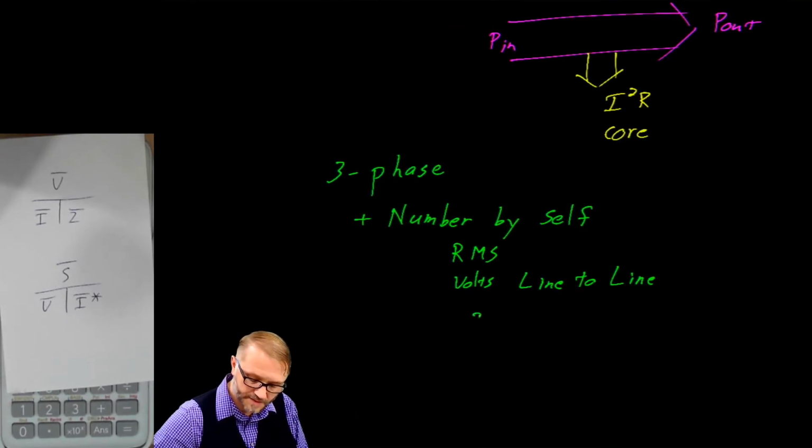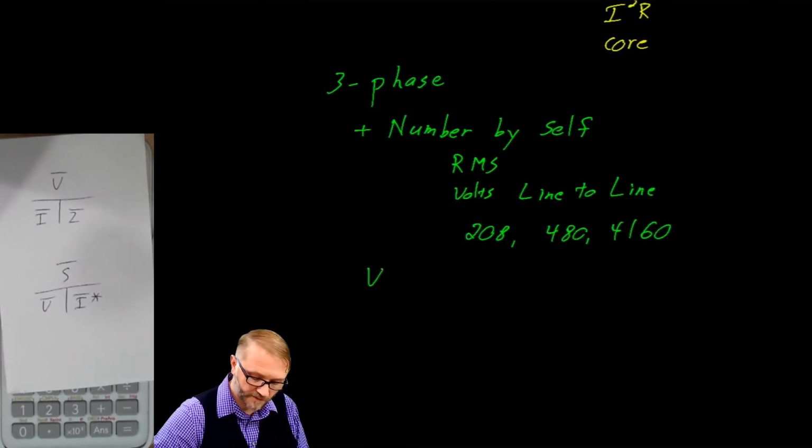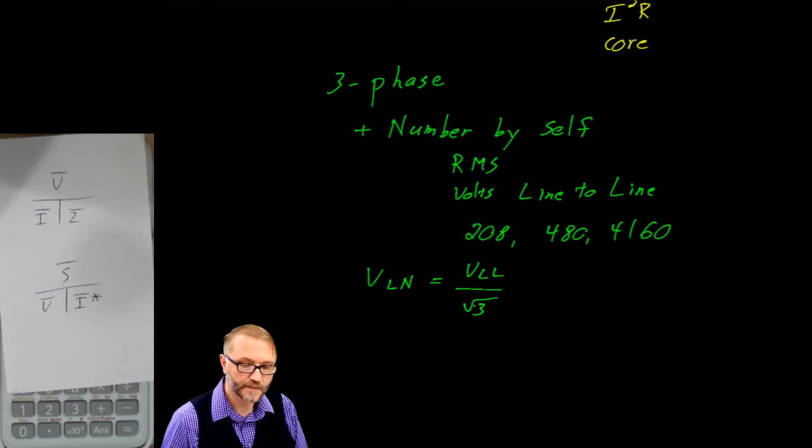Some examples: 208, 480, 4160. Voltage line to neutral is equal to voltage line to line over the square root of 3. For example, 120 volts is equal to 208 divided by root 3.